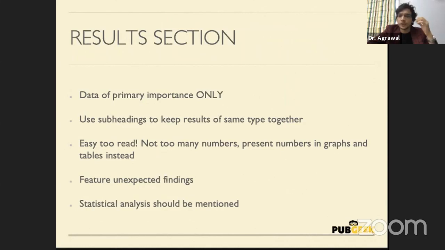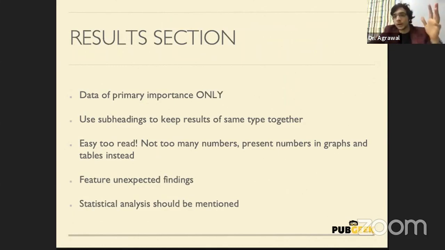You should keep the results of the same type together. Consider you're studying the use of a particular plate, an instrument in orthopedics, and you're comparing its effectiveness in treating a fracture in young patients and old patients. It would be smart to keep the results of the young patients in one paragraph and the old patients in another.